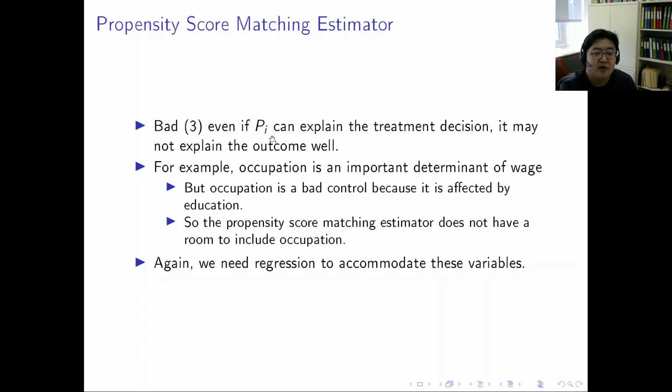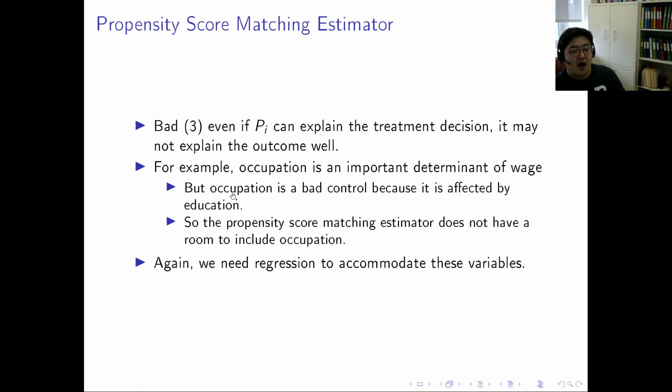In other words, the propensity score is to explain the treatment decision. However, it does not explain the outcome, right? For example, we learned that occupation is a bad control in the college education example, right? Because occupation is a result affected by the education decision.